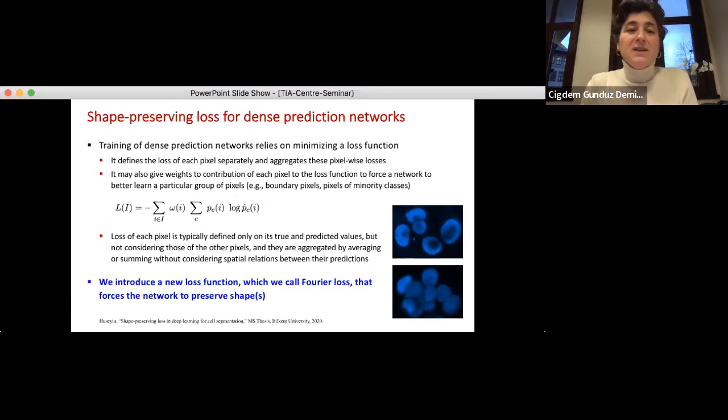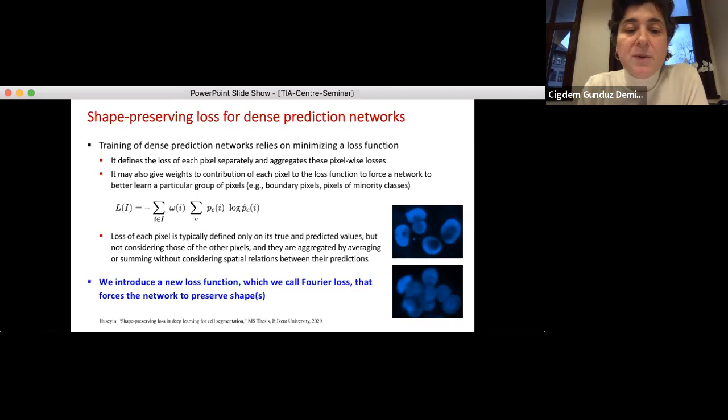That's why such loss functions may not sufficiently impose a network to learn a particular shape, because we are not using the predictions obtained on other pixels to define the loss of a particular pixel.